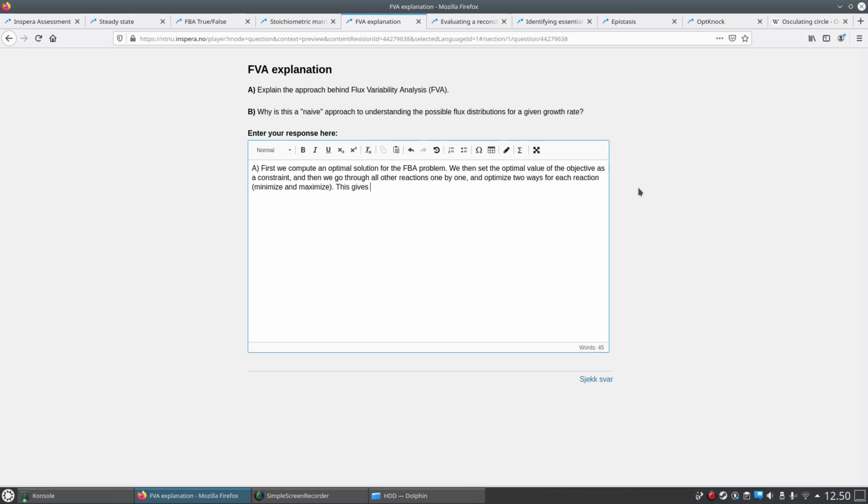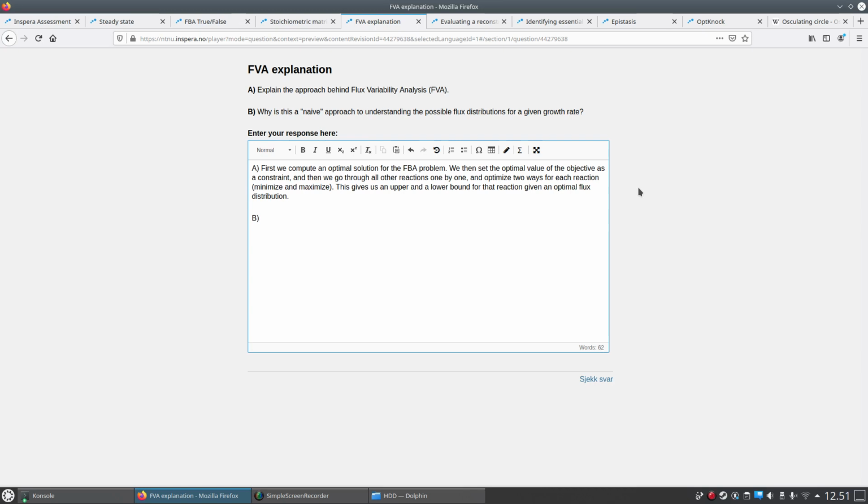This gives us an upper and a lower bound for that reaction given an optimal flux distribution. That is essentially how FVA works.